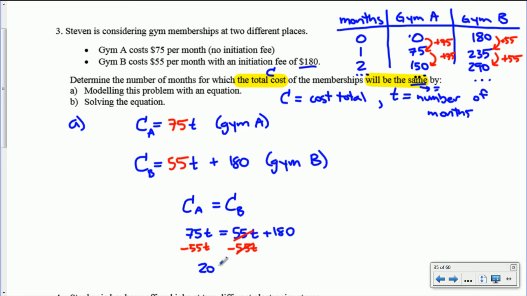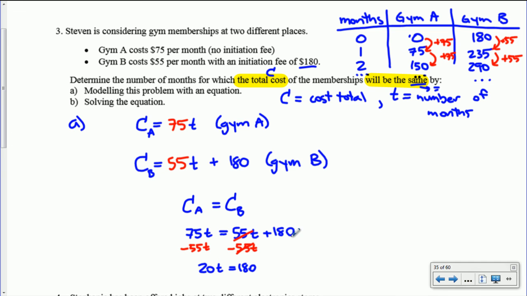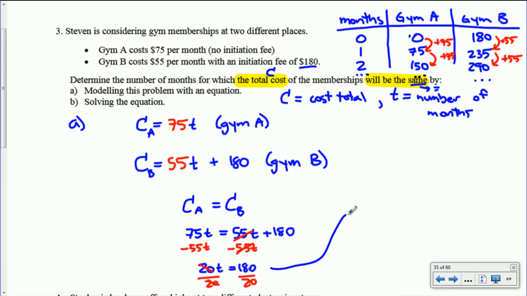So we have 20t equals 180. And one more thing remains, get rid of the 20 on the left so I get t on its own. So divide both sides by 20. 20 divided by itself is 1. So on the left all I have is just t. So t is 180 divided by 20, which is 9. So 9 months.